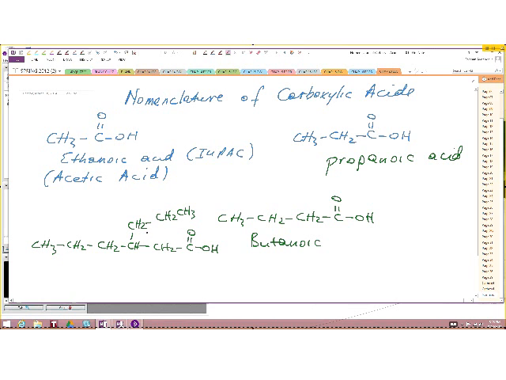Supposing we have this molecule here. In this case, you look for the longest carbon chain that contains the carboxyl group. The longest carbon chain that contains the carboxyl group. Let us look for that. Okay, I will say this will be 1, starting with the carboxyl carbon as carbon number 1.